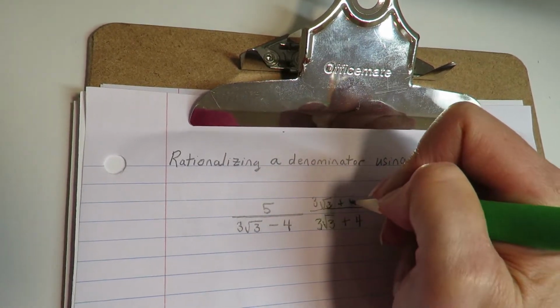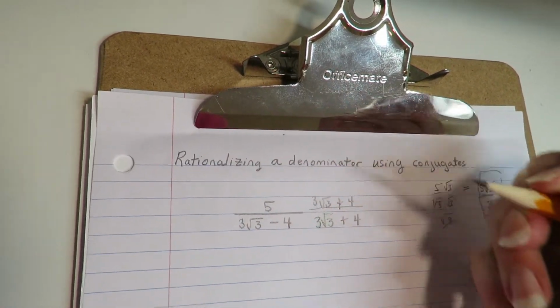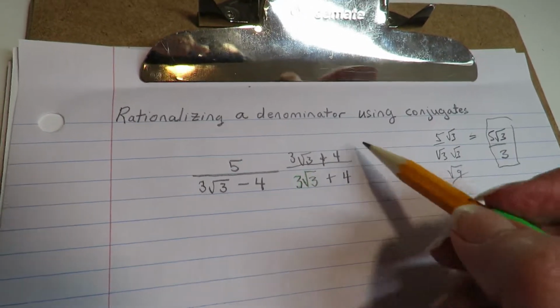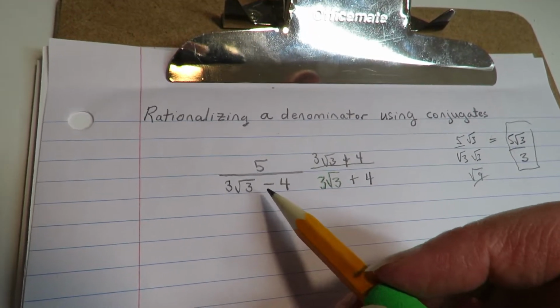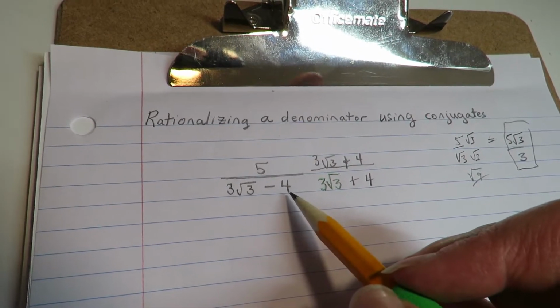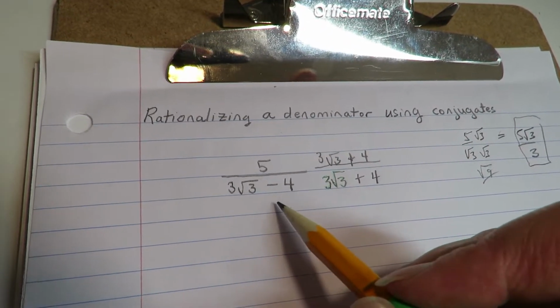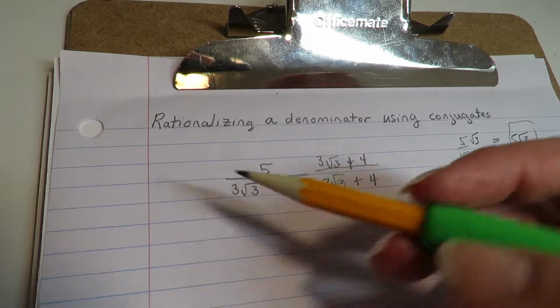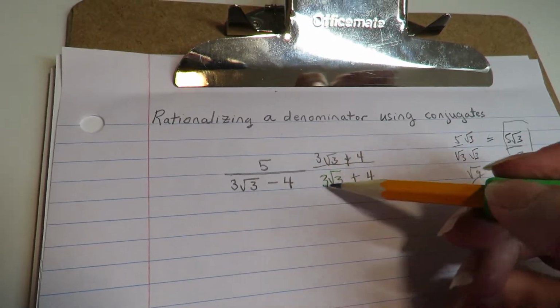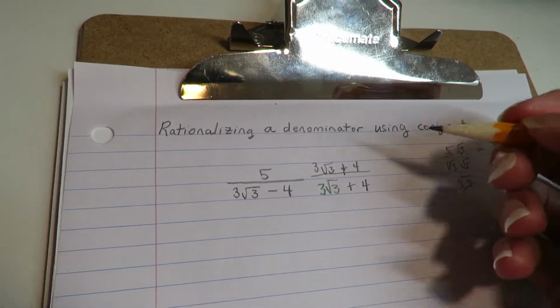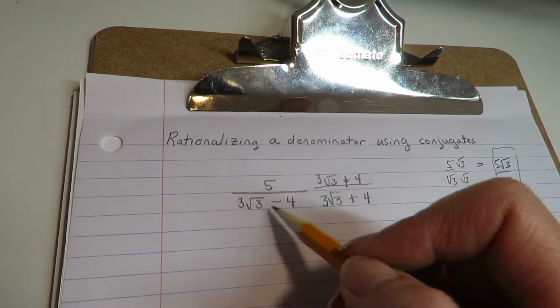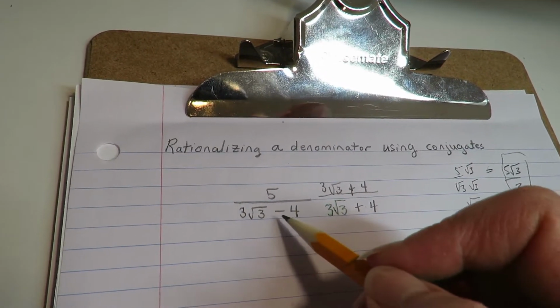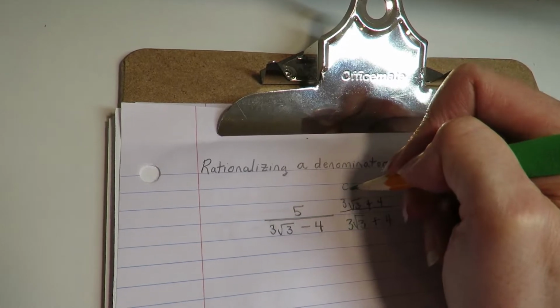And what the conjugate does is it will simplify the radical out of the denominator. So let me just say that one more time. When you have two terms in the denominator and at least one of them is a radical, to rationalize the denominator, you multiply by what we call the conjugate. And the conjugate is where it's identical except the middle term is opposite.